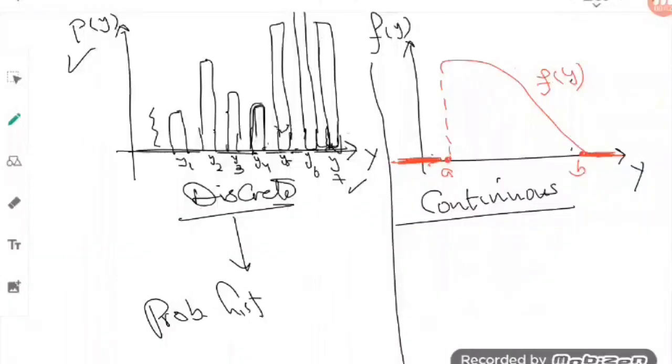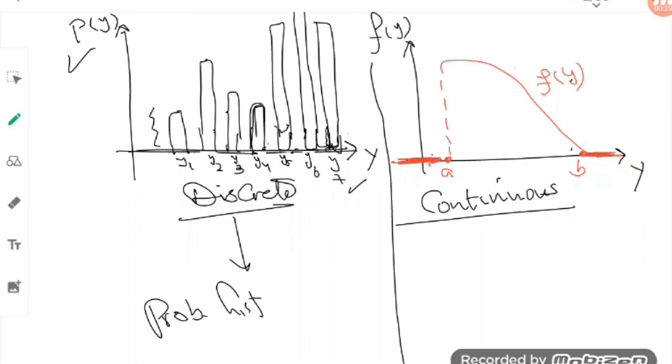The formula for the expectation of the random variable y is, in fact, the weighted average of the random variable y, and the weights are their probabilities. So the values with higher probability are most represented in the distribution, and we expect that the expectation will be close to these values.